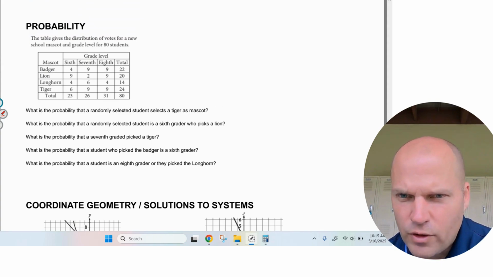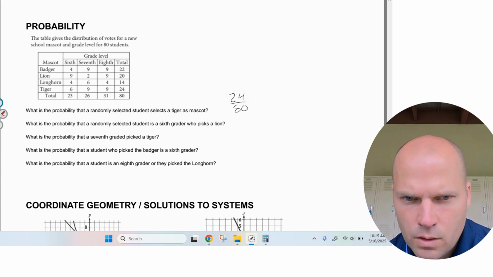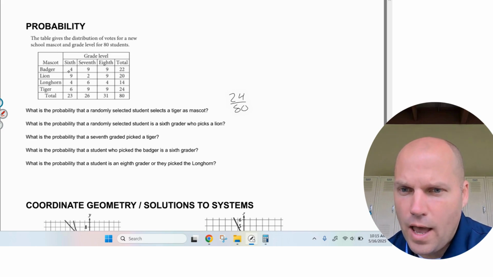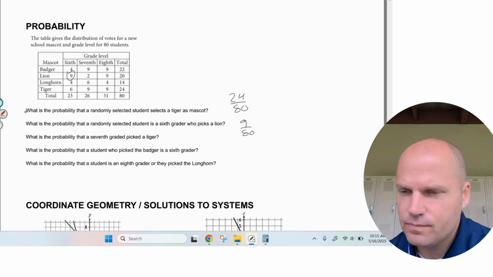Okay. Randomly selected student selects a tiger. Tigers, 24 out of 80. Sixth grader who picks a lion. Any randomly selected student is a sixth grader who picked a lion. Only 9 out of the 80.